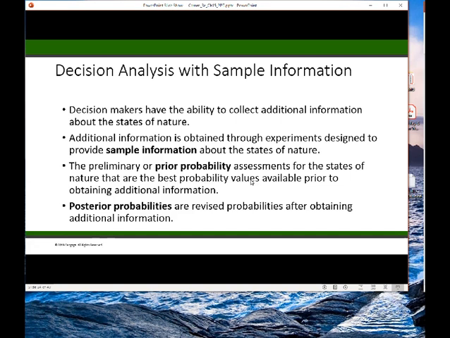The preliminary probabilities that we had, 80% for strong demand, 20% weak demand, is known as the prior probability assessments for the states of nature. And that's the best probability they had prior to obtaining additional information. Posterior probabilities are revised probabilities after obtaining the additional information.